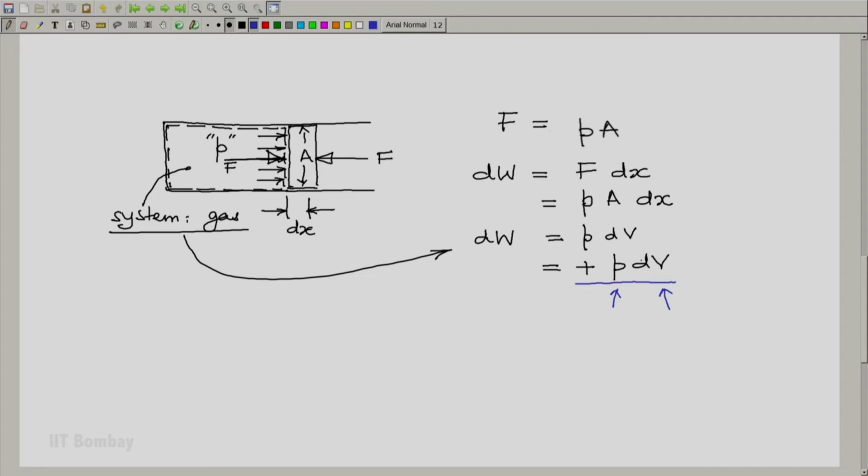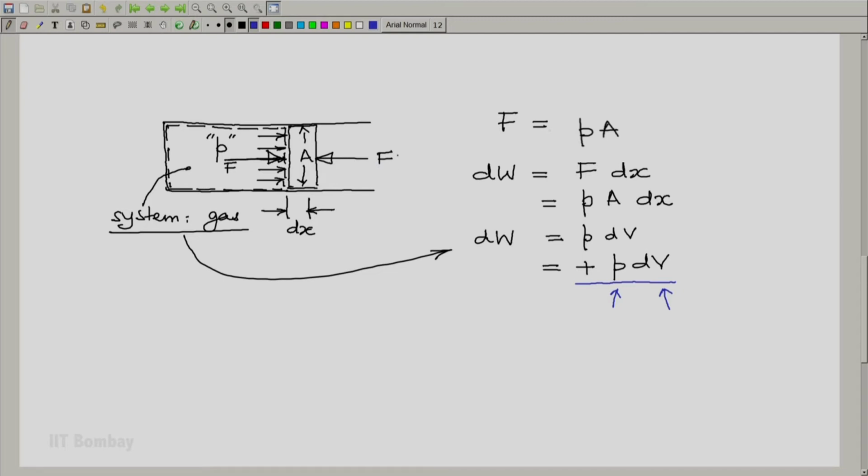So here the intensive extensive product exists. The sign here is plus, the system is gas, the surrounding is the piston. And here you will notice that initially when the piston is at rest, with the force of the gas on the piston and the externally applied force in balance, no work is done.